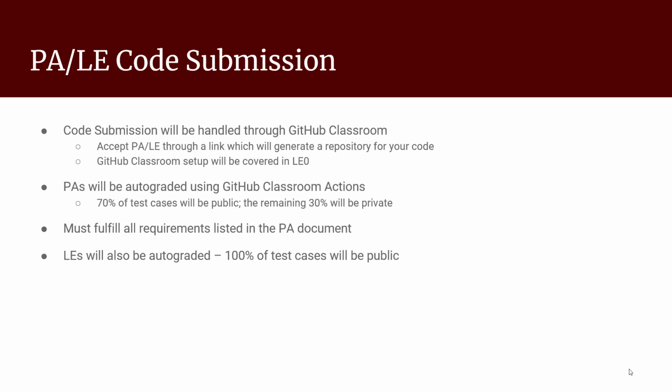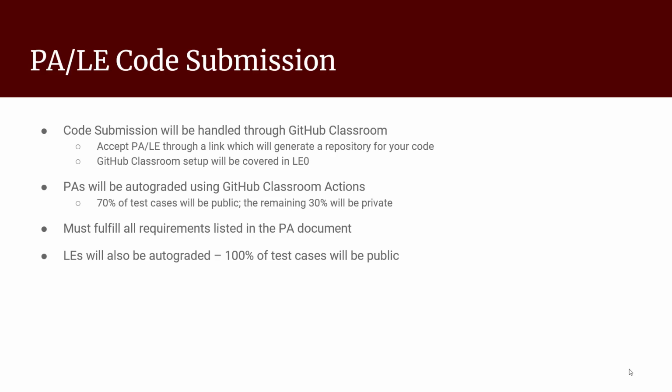Once you have that repo, you can clone it just like any other Git repo and commit to it, push, all of that good stuff. This is helpful just for background, since this is fairly industry standard. This should give you good experience using Git. The full classroom setup is going to be covered in LE0. That's the whole idea behind that exercise.